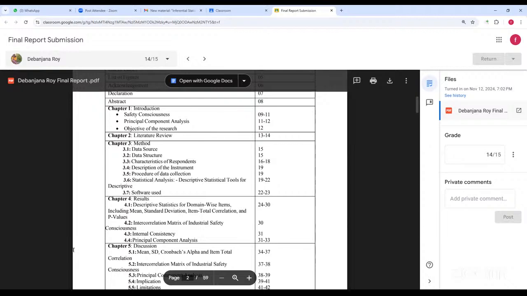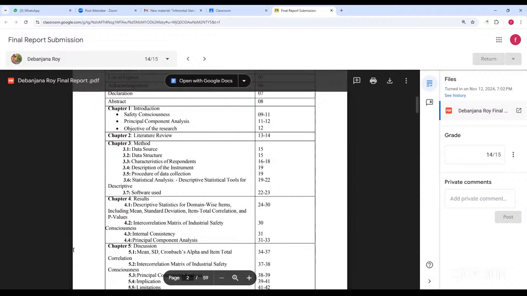Software used. In case of the software, you have to write down the specific software which we have used, that is the RStudio. And in RStudio, we have used some libraries. So those library names should be mentioned here.